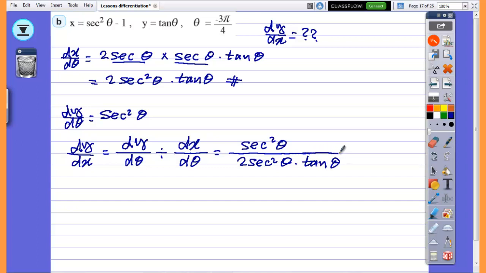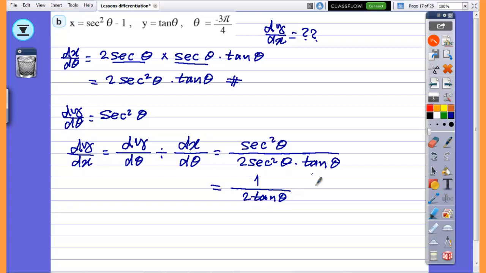And we can simplify it, dividing up and down by sec squared. We will get 1 over 2 tan theta.